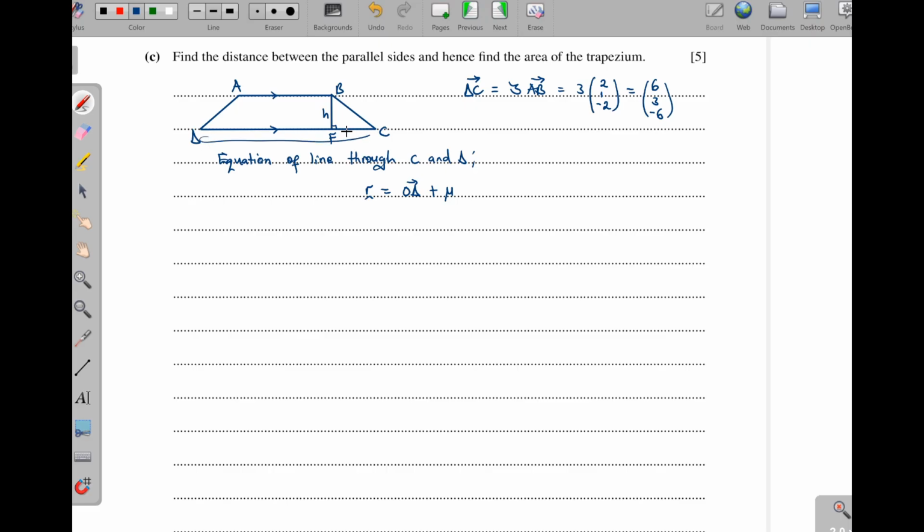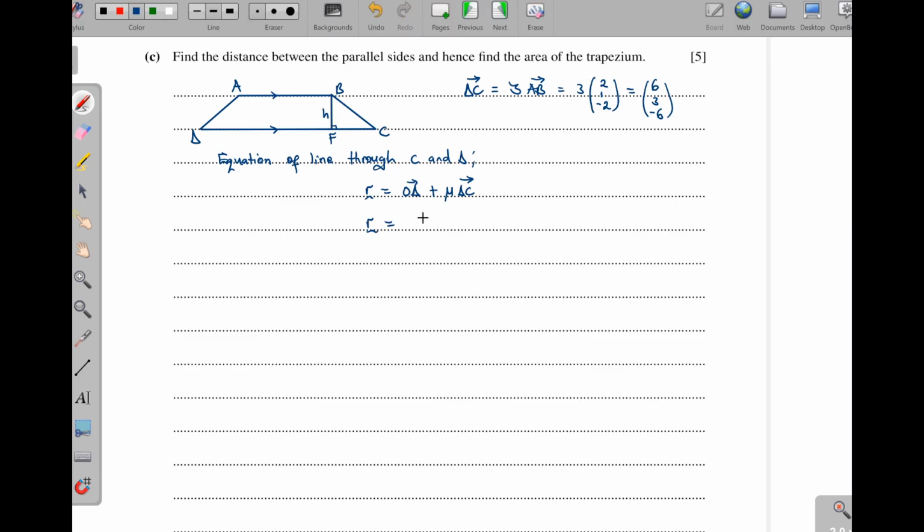Then the directional vector can be the DC. So DC. Now, if you are going to use DC here, then what should be here should be a D. Now here, I can also have OC, but then here I will have CD. So it is the first one to be mentioned here. You get that? Okay.